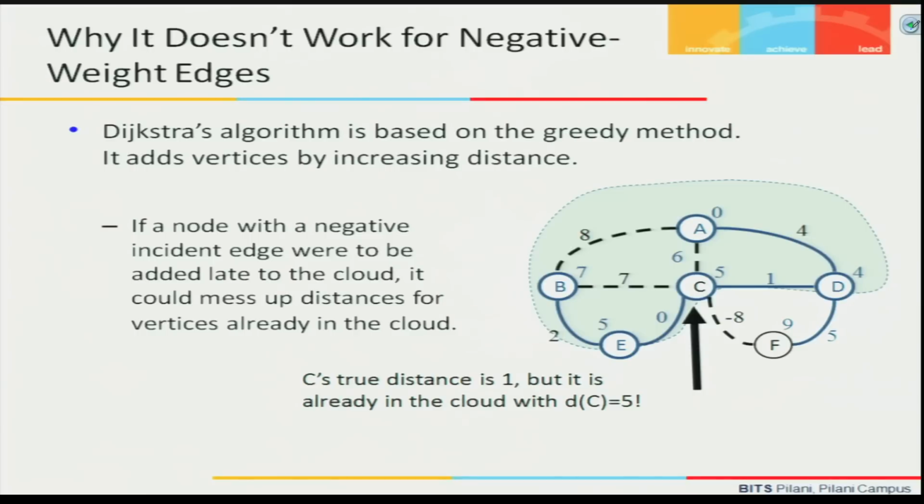Suppose you look at this example where you have negative weights and we are using Dijkstra's algorithm. Now, look at the case when F is added to the cloud.